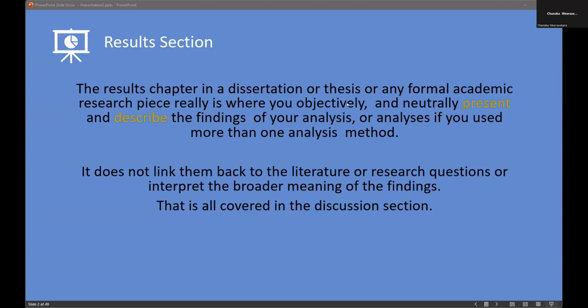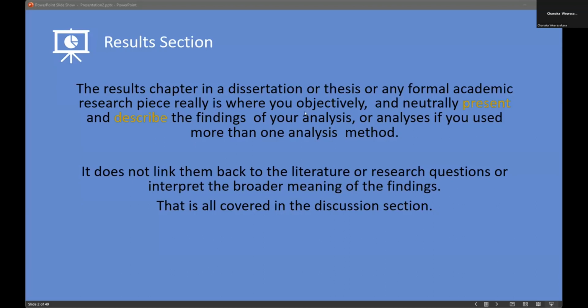So what we do here is basically we just objectively and neutrally. So as a researcher, maybe you might have a lot of idea about the research that you do. So therefore, we should not jump into conclusion at this moment. When we are reporting on our results, what we should do is we should objectively present them and neutrally present them and describe.